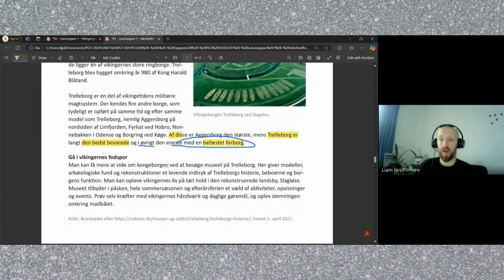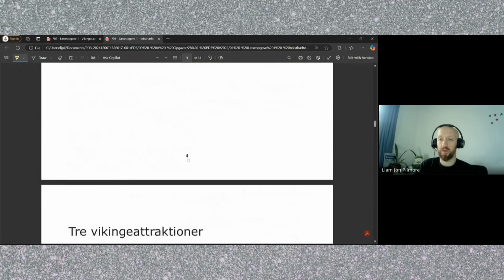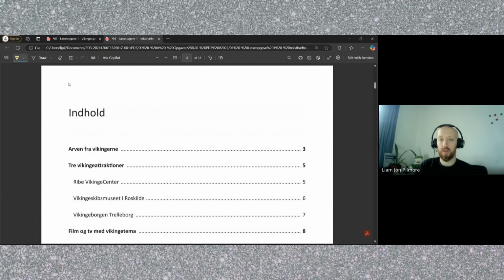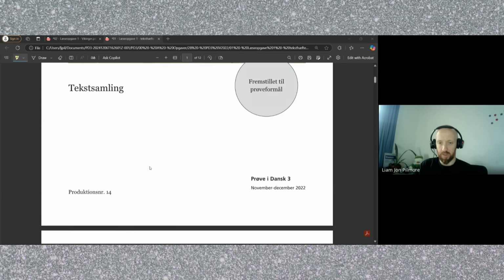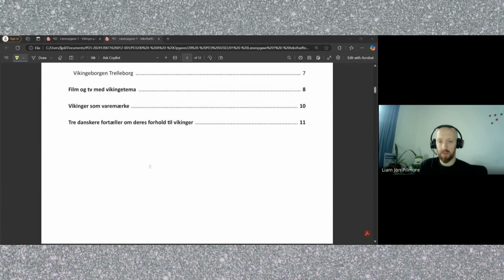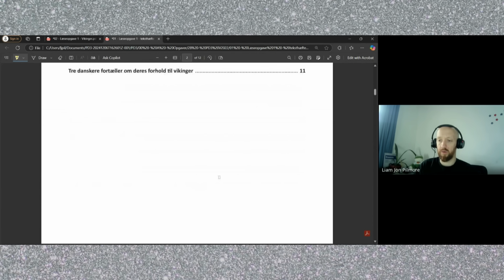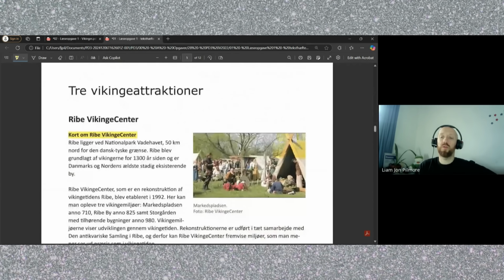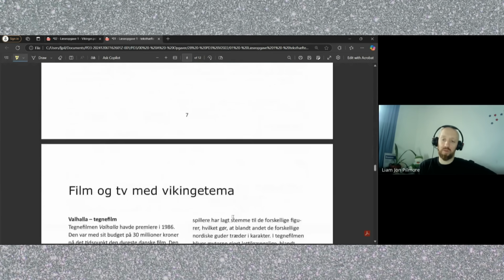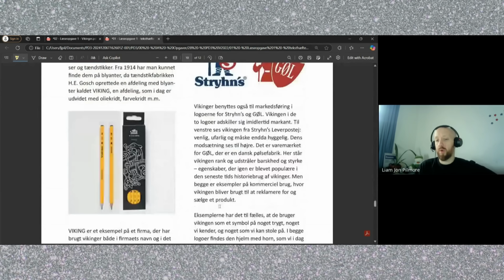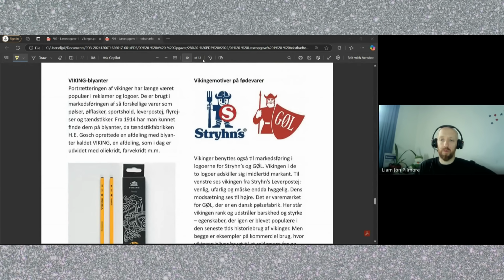Vikinger som varemærke. Let me go back to the table of contents just to make this easy for myself. Something about varemærke in. Yes, number T, Vikinger som varemærke. Okay, let's go down to side number T, page 10. Okay, here we go. So I can see right away here on this side to the left is written about Viking Bluenter.